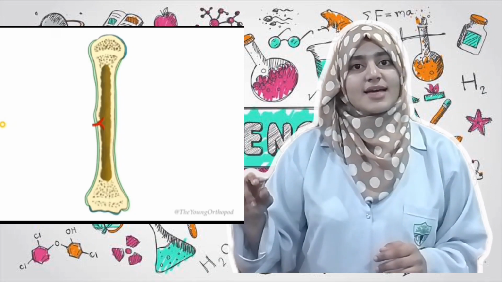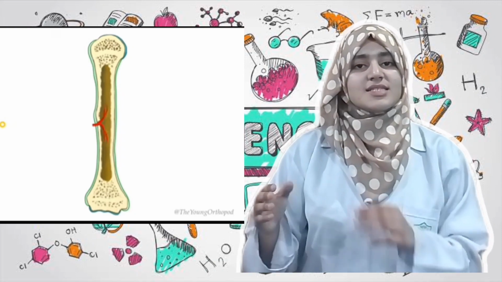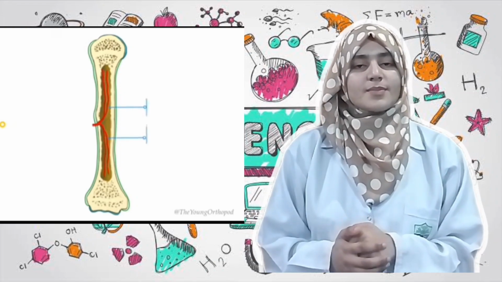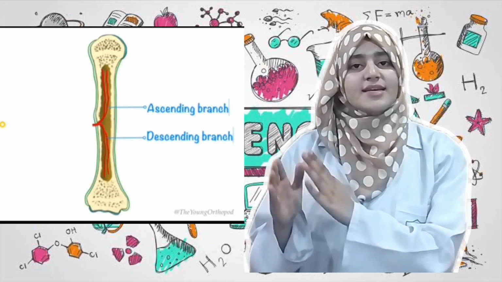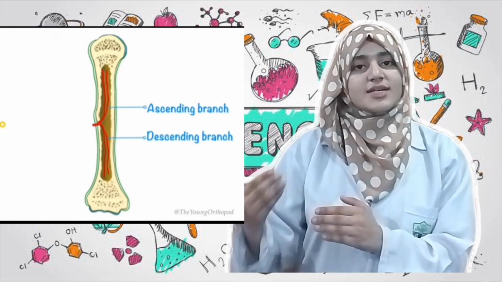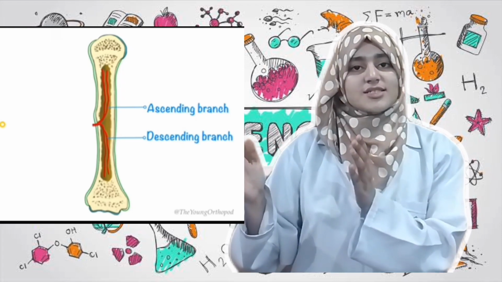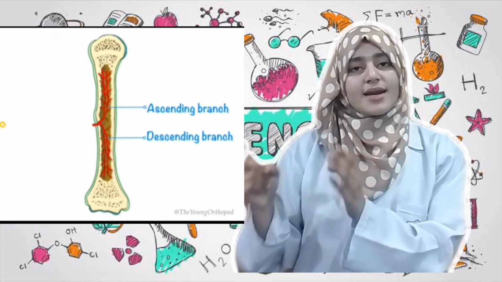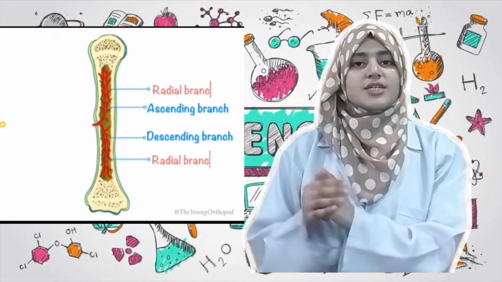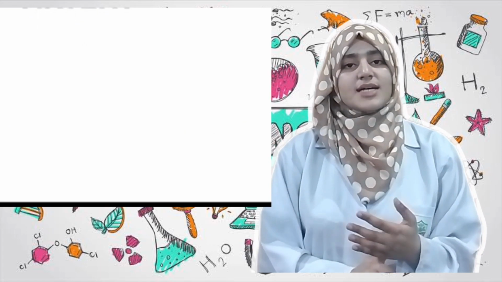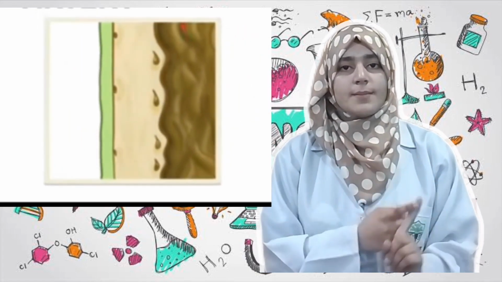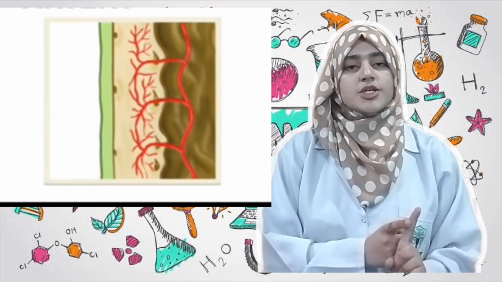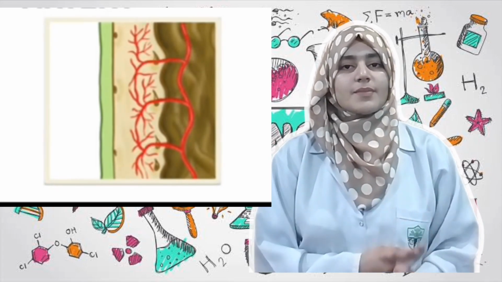In the medullary cavity, the nutrient arteries divide into ascending and descending branches. The ascending and descending branches further divide into smaller lateral and parallel oriented radial branches. The radial branches supply blood to the bone marrow and the inner third of the compact bone tissue of the diaphysis.